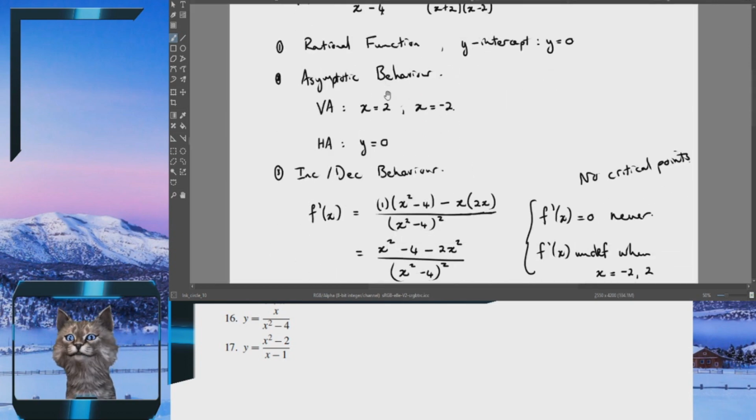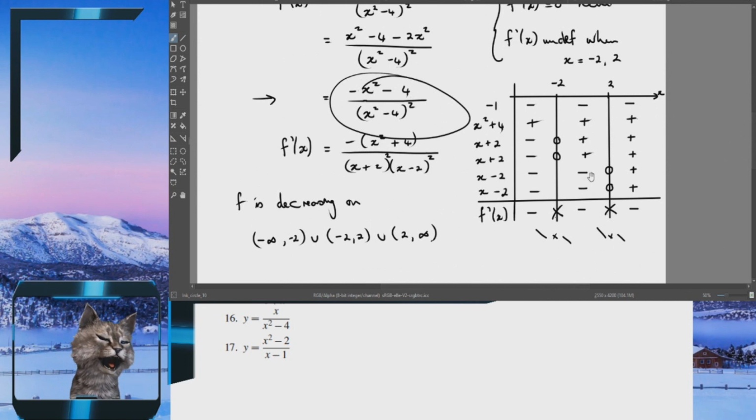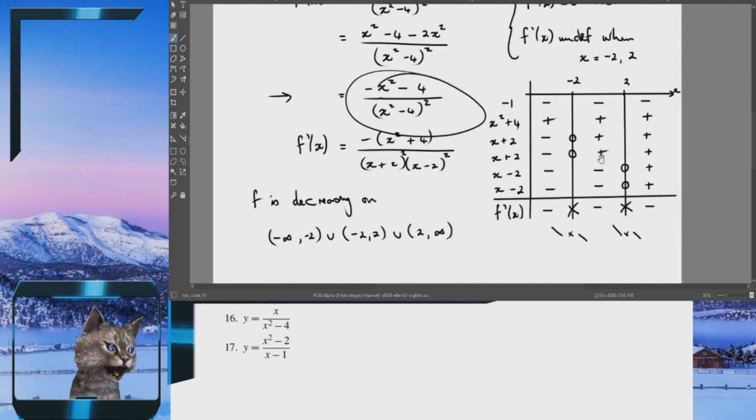But have a look at the first derivative. The first derivative is not 0 at x equal to 0. In fact, if I plug in 0, what am I going to get? It's going to be -4 over (-4) squared.